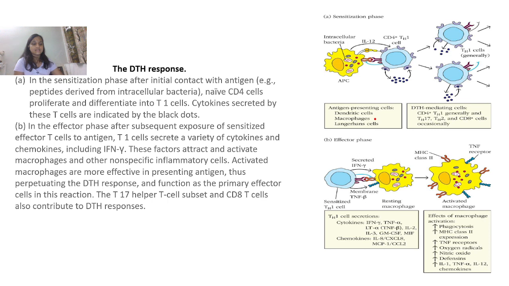Like if it is a less virulent pathogen, our immune system can easily clear it off without activating the adaptive immune response. But if it is a highly pathogenic bacteria, then it needs more and more robust intervention, and there is activation of the adaptive immune response.